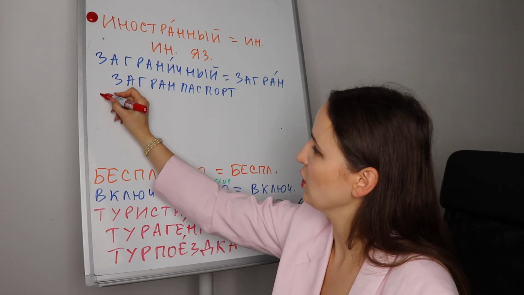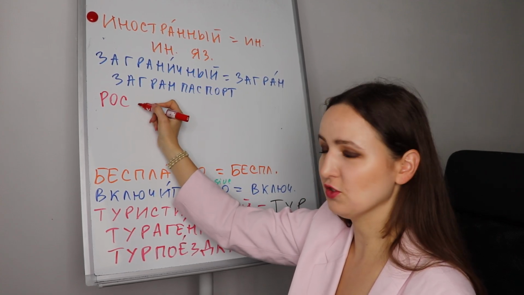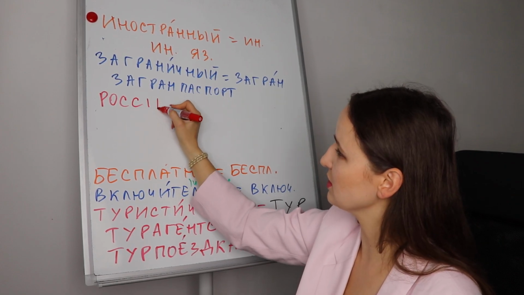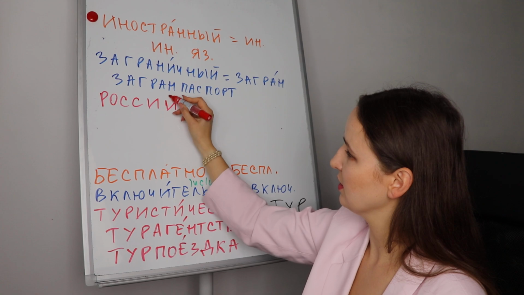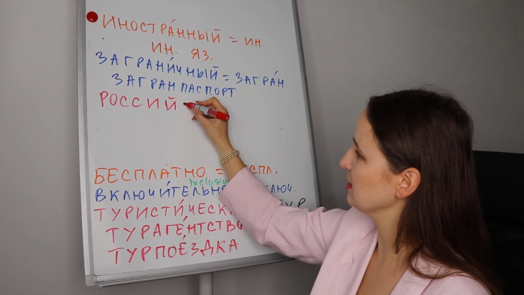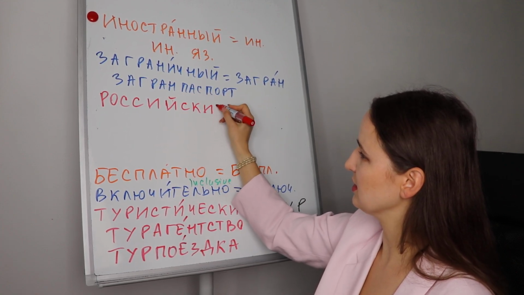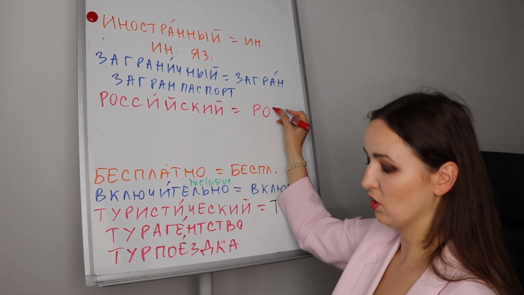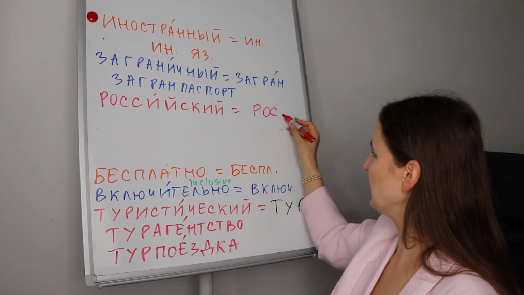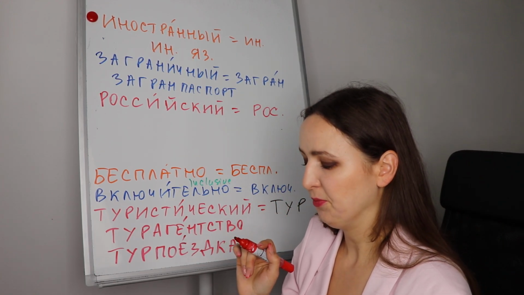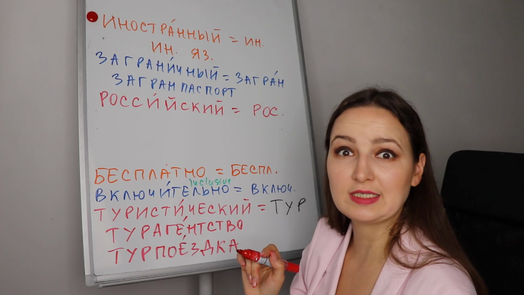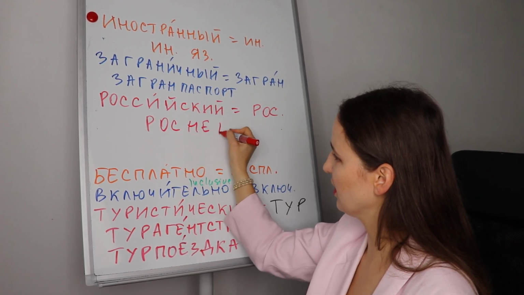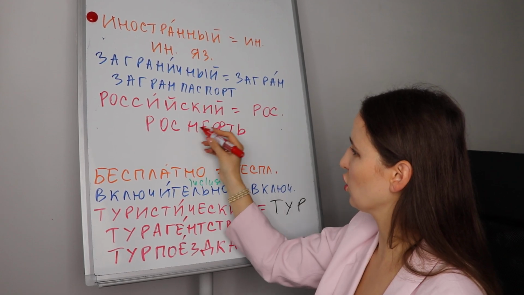Another one is рос. You will see it for sure. First, let's write the full version: российский. Российский is рос, and usually we connect it with something like, let's take an example, Роснефть. Роснефть, very popular Russian company.